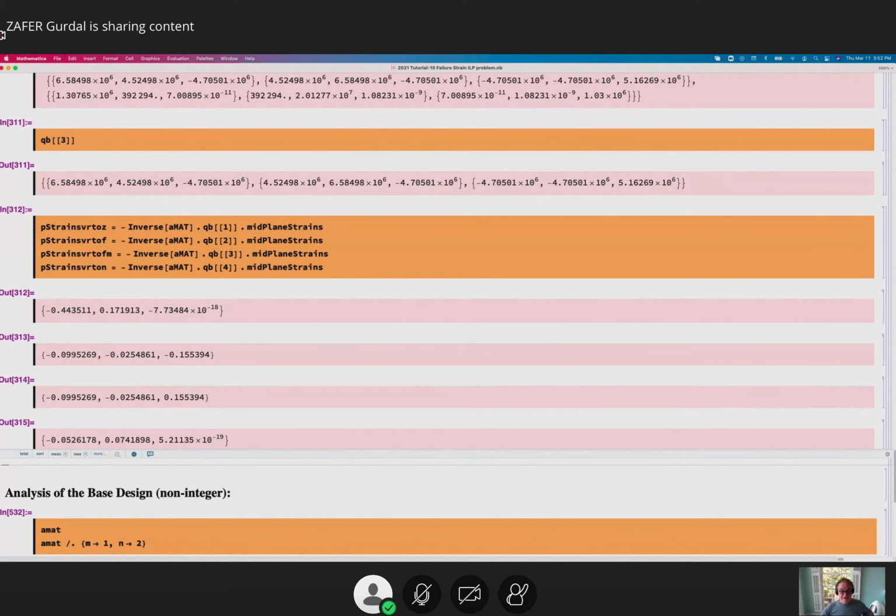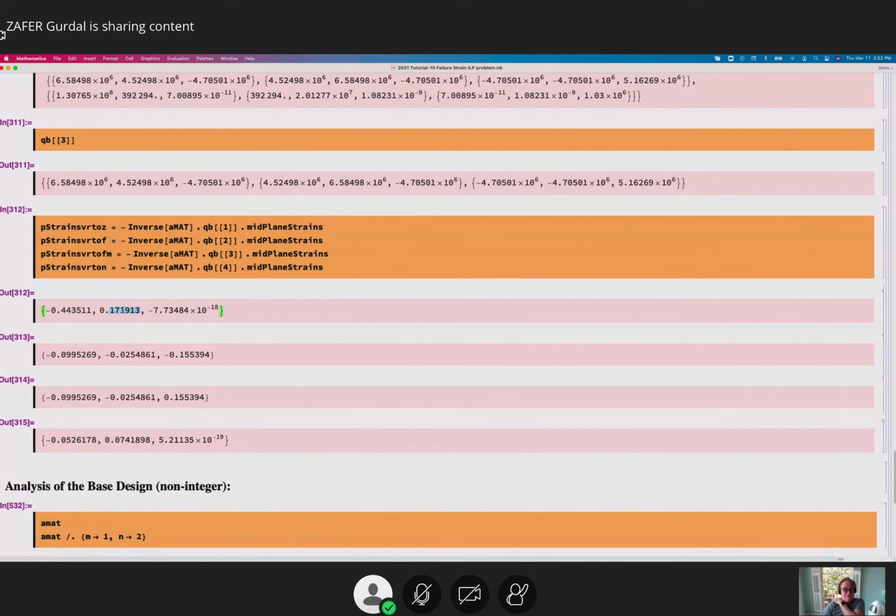Here, this is the epsilon 1, 1 of the 45-degree ply with respect to thickness 2, but this is epsilon 2 with respect to design variable of the 0-degree ply.